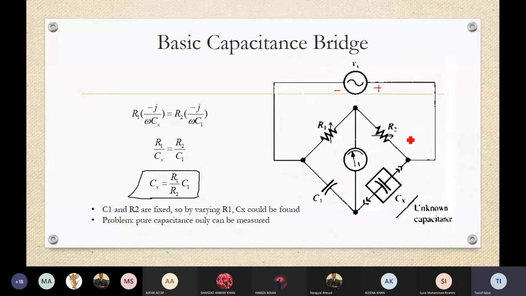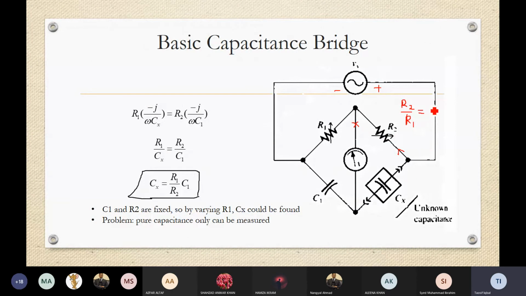So from previous logic, we can write it down like this: R2 divided by R1. If there is no current flow here, then these two resistances are in parallel, so their ratio is going to be like this.